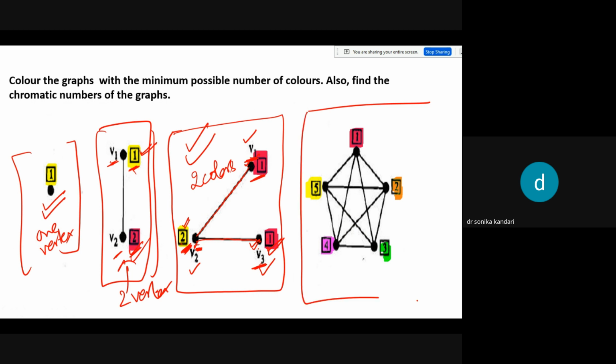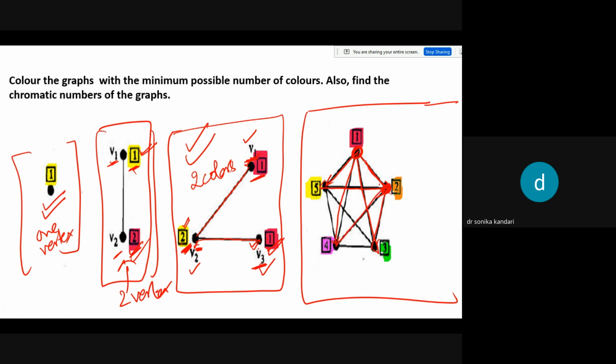Coming on to the last diagram. Here see, 1 is connected to 5, 1 is connected to 4, 1 is connected to 3, 1 is connected to 2. It means every node will need to have a different color. Why? Because every vertex is adjacent to every other vertex.